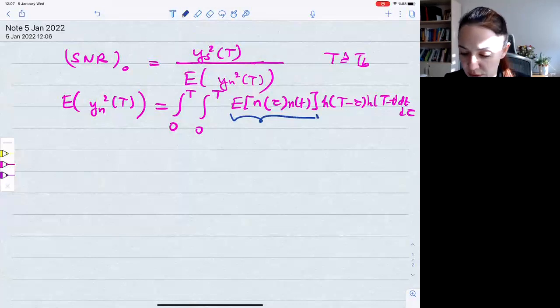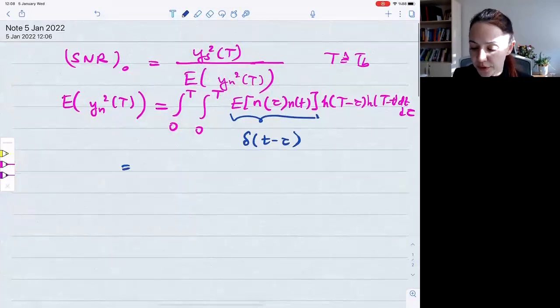We know that it's white noise, so this is equal to N0/2 times the delta function of t minus tau.